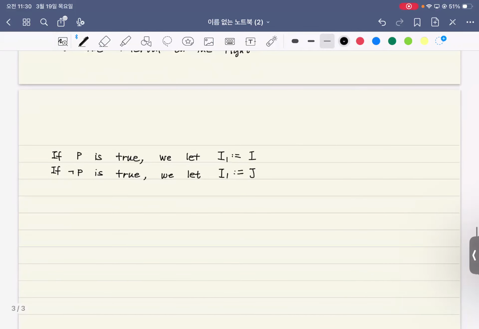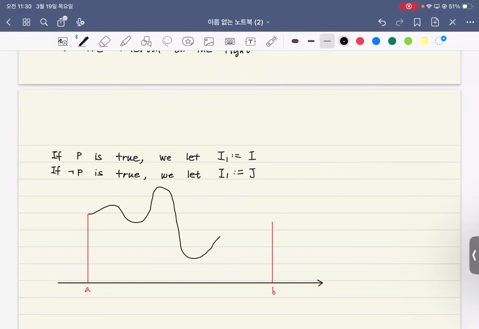I'm going to draw a picture. This is A, and this is B, and I have a function. Say that this is the graph of y equals f of x.